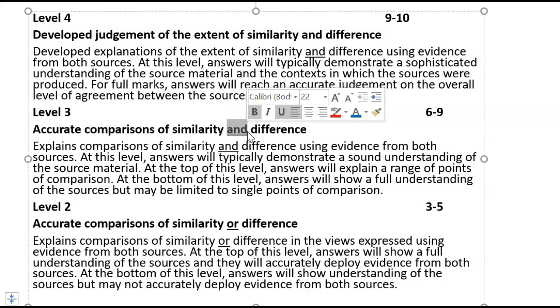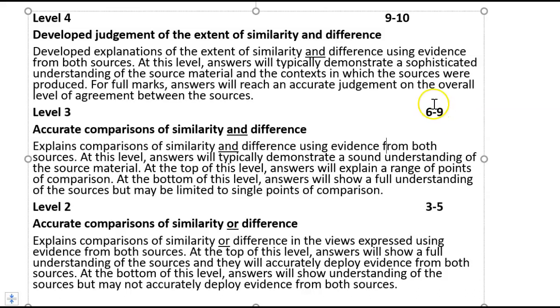And in doing that, if you do it accurately and if you provide evidence to support those similarities and those differences, so direct quotes from the sources, then you can expect to at least get 6 to 9, depending on the accuracy and the detailedness of your evidence.